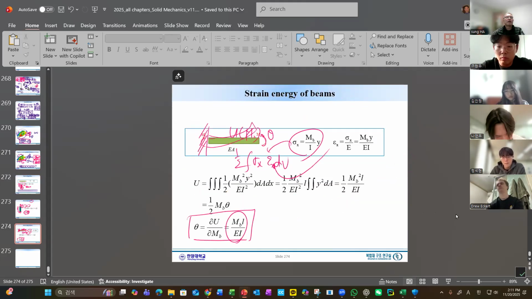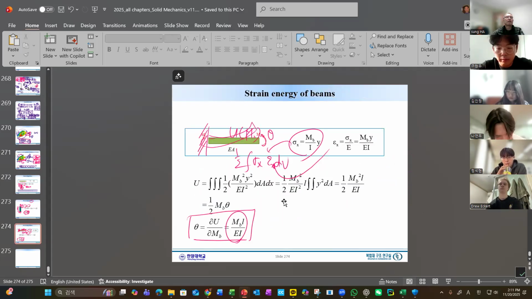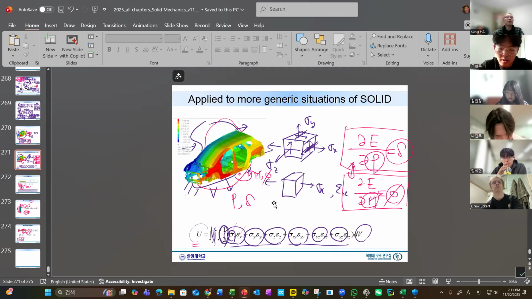Okay, so there's not much more to mention here, but the point is how we define the strain energy. So these will be key equations.